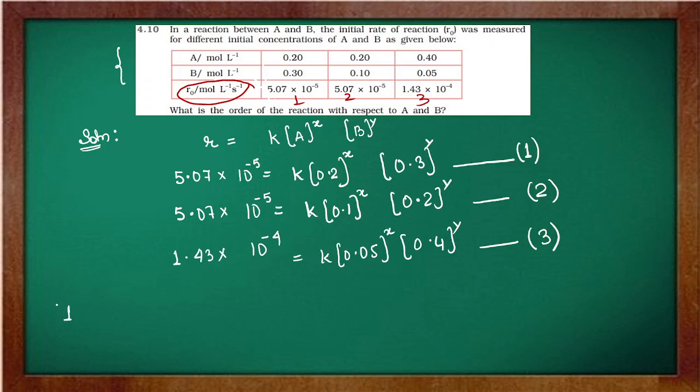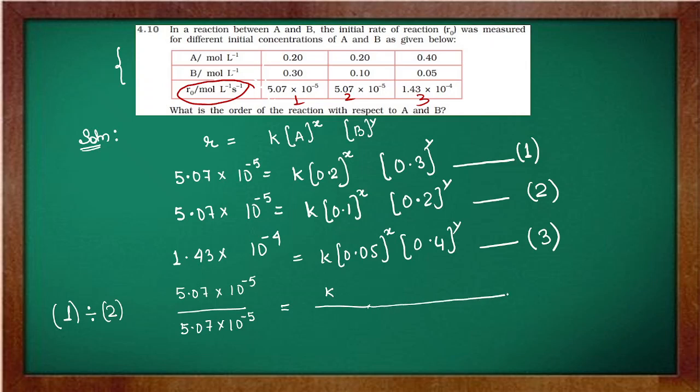Now if we are dividing equation 1 by equation 2, what we will get is 5.07 into 10 to the power minus 5 by 5.07 into 10 to the power minus 5, which is K by K. We have to divide the two equations.